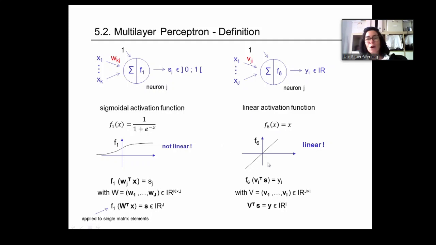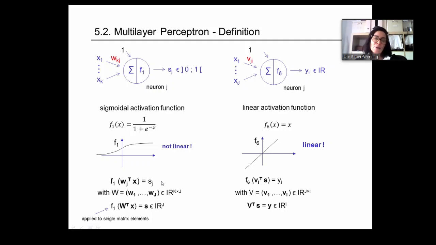The activation function of the neurons in the output layer is linear, so it just outputs the inner product of the weights times the inputs from the hidden layer.